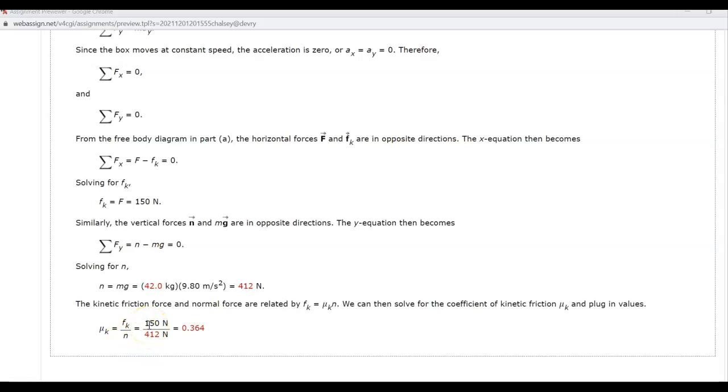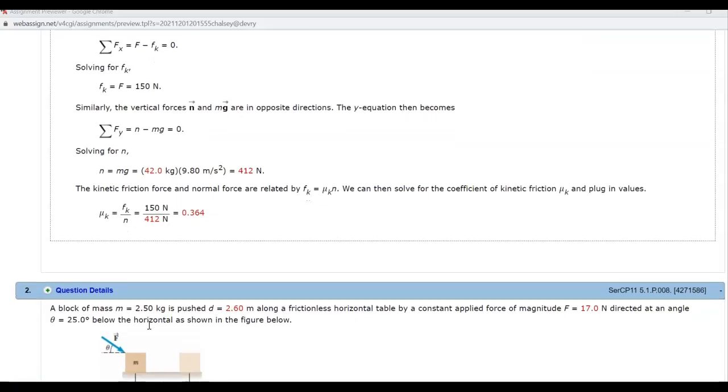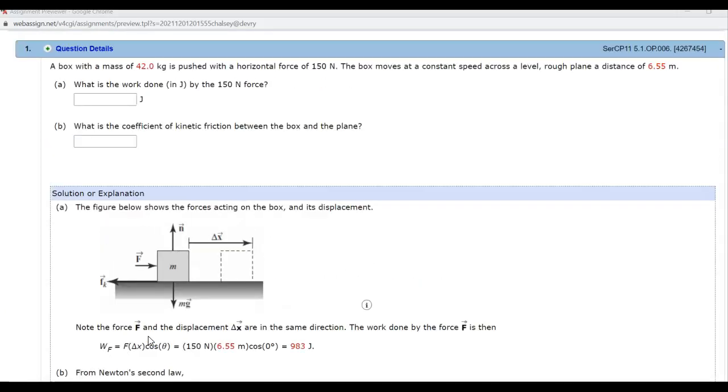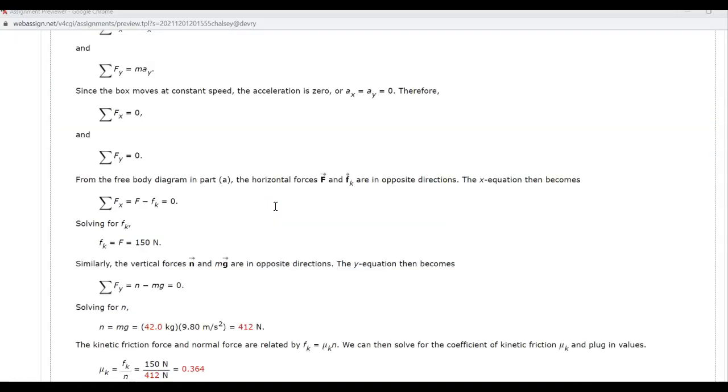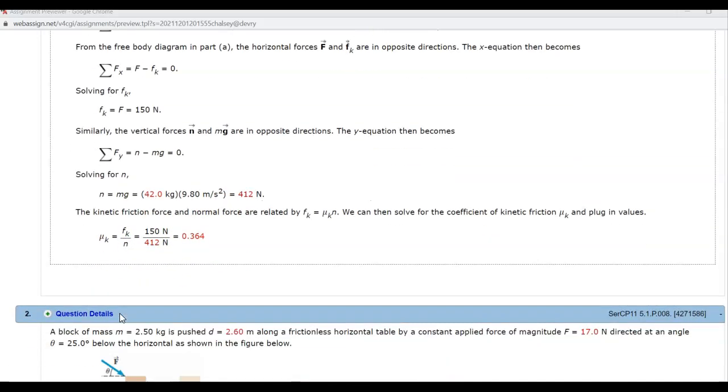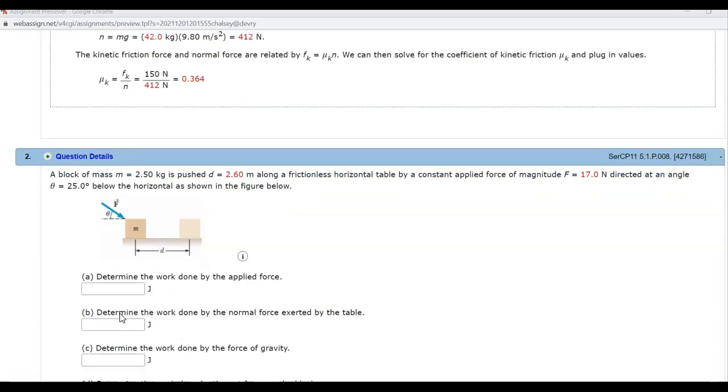So we had the applied force of 150 newtons, and then the calculated normal force here. We divide those two together and we get the coefficient of kinetic friction.